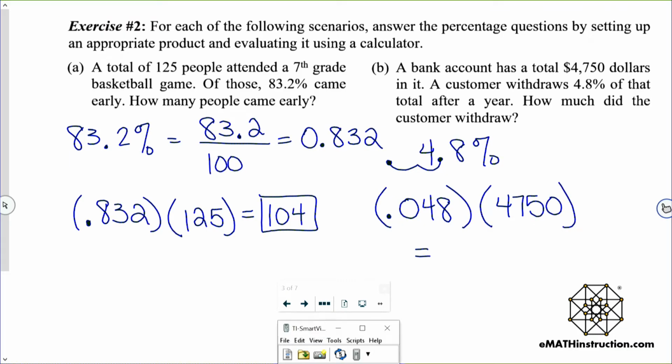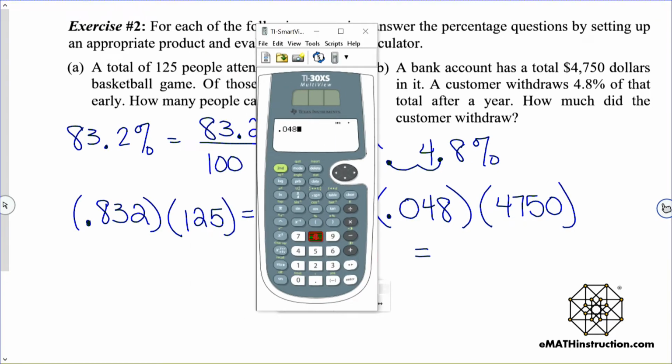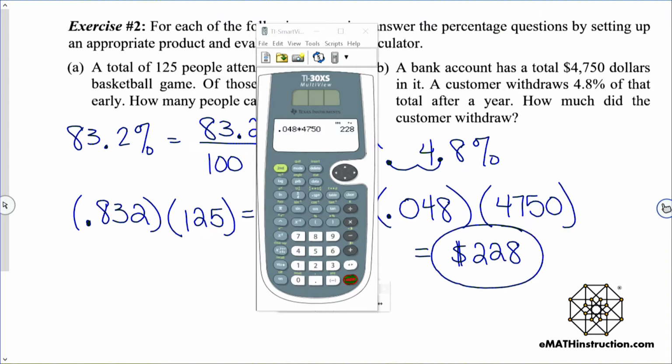All right, let's see what we get with that. Clear out our last calculation, 0.048. Times 4,750. And we find 228.